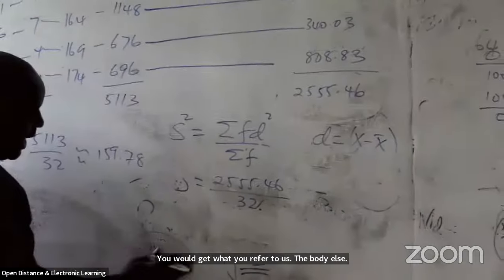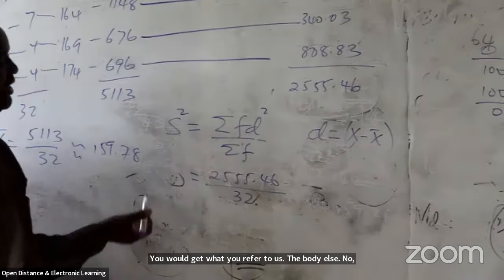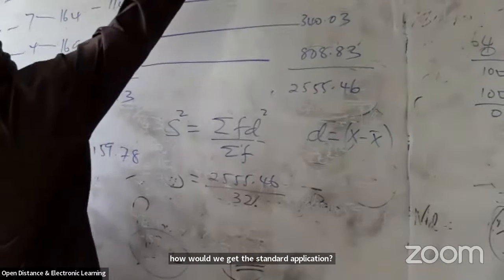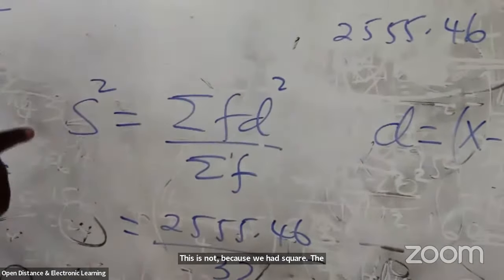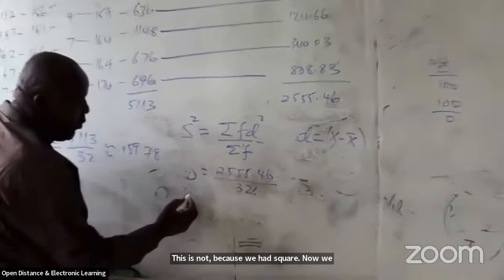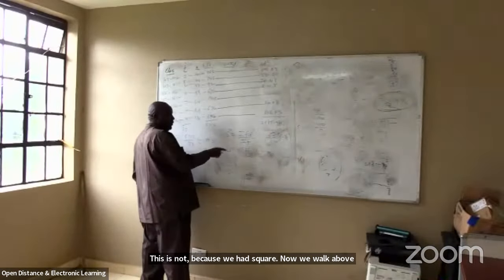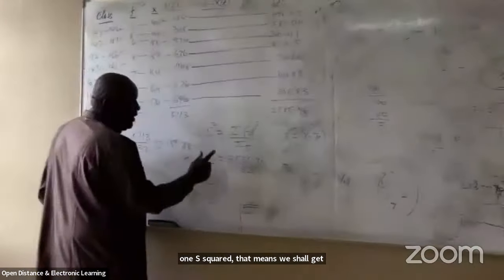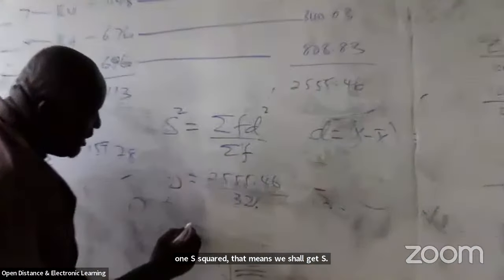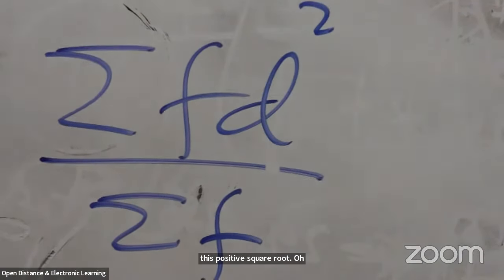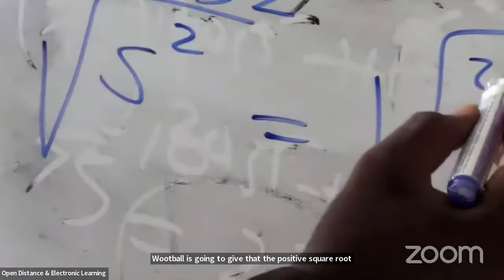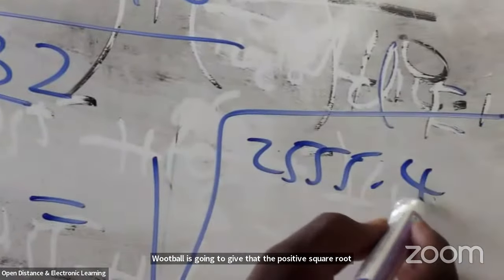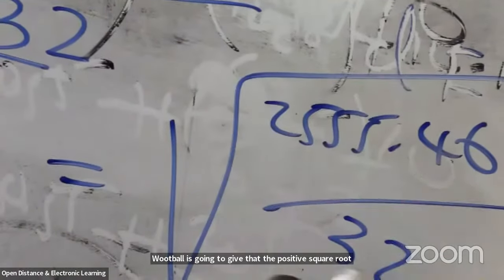Now, how do we get the standard deviation? Because we had squared the deviations, now we work backward. S squared, that means we shall get S. To get S, which is now the standard deviation, we get the positive square root of the variance, which consequently gives us the positive square root of 2555.46 divided by 32.